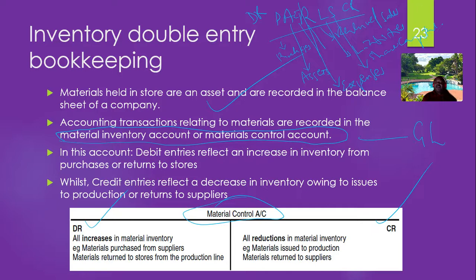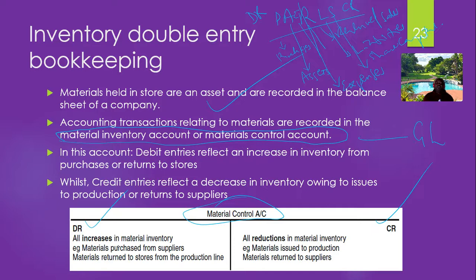So revenue or sales are increased by crediting, whereas the purchases, the assets, the expenses, they are increased by debiting. So the materials control account is for assets, because materials are assets, they are increased by debiting.